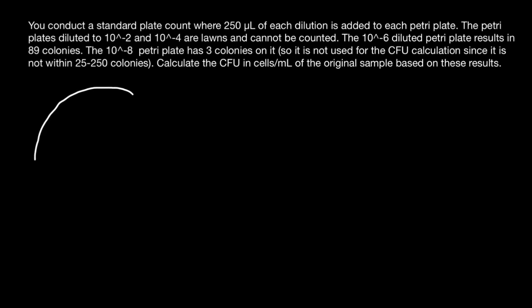Imagine that this is a Petri dish and this is a drop of water. I draw them out of scale, and in this drop of water we have some bacteria. Because it is so highly diluted, we don't have too many bacteria here, and when we put this drop of water on this Petri dish, each bacterium would form a colony.